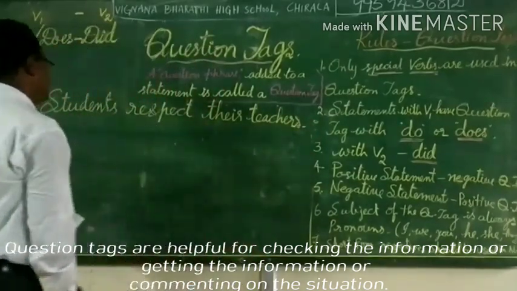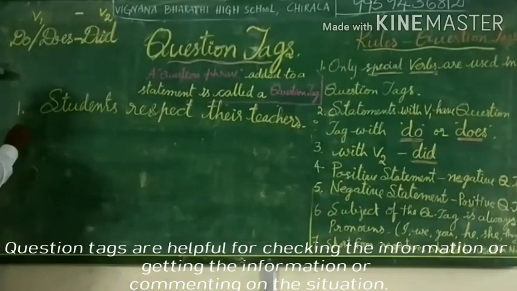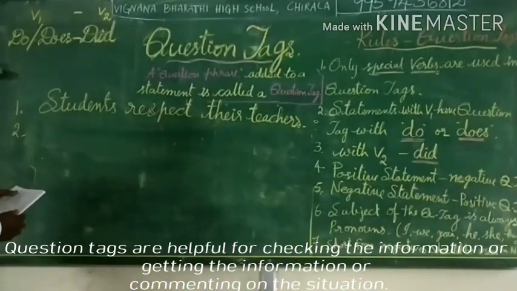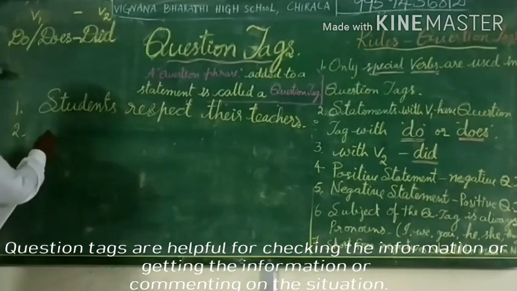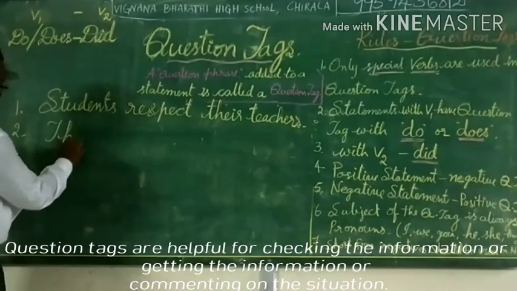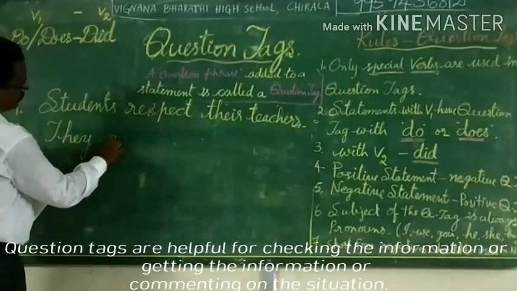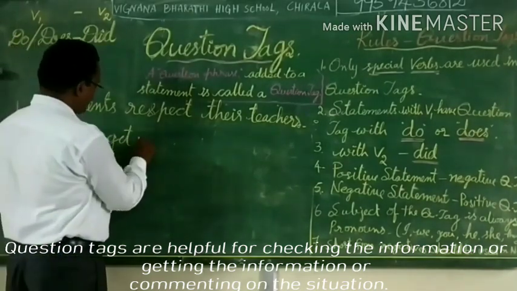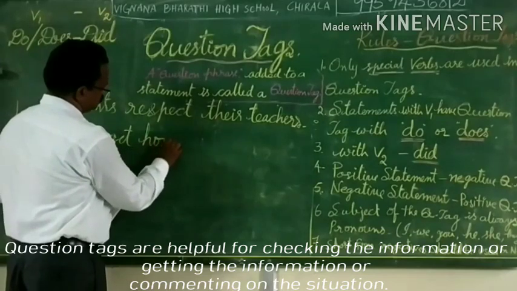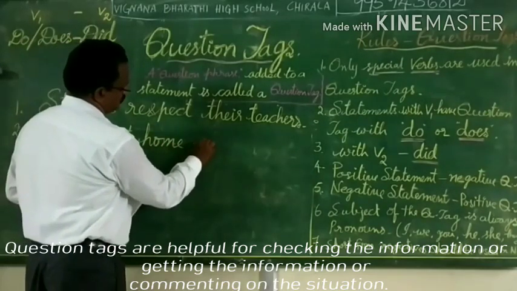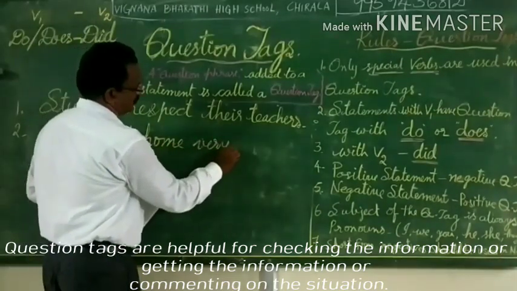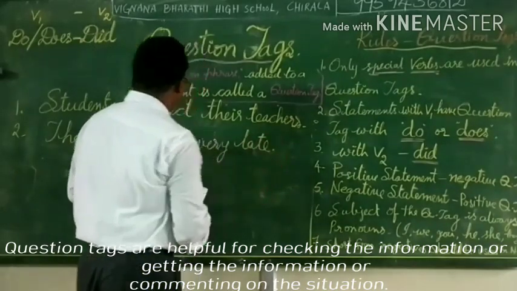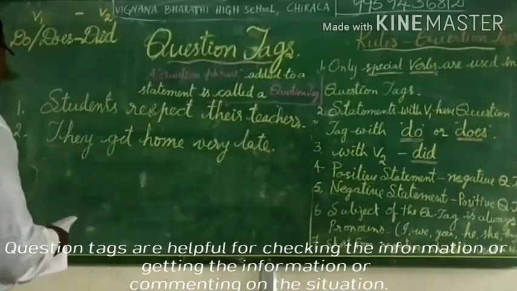Students respect their teachers. This is for you. You have to do this exercise. Another sentence, they get home very late. They get home very late. This is the sentence.